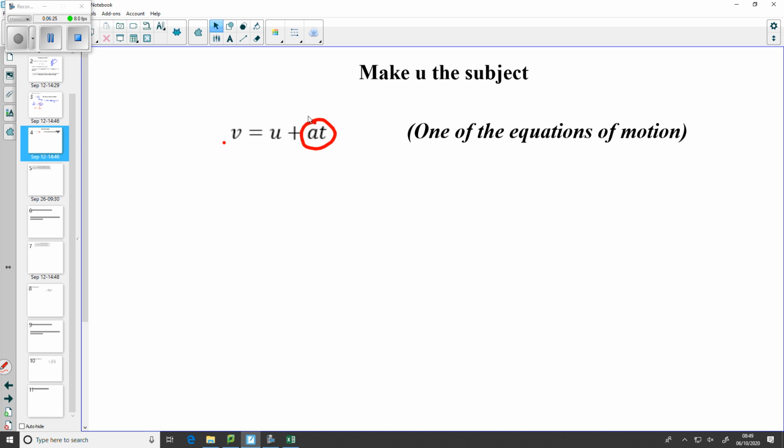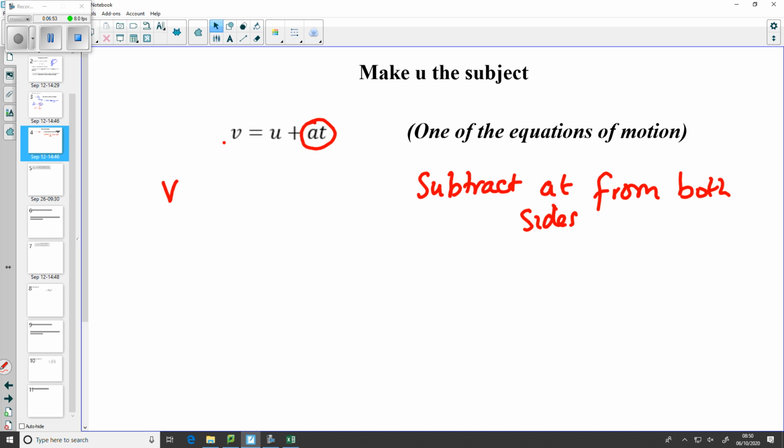How is it attached to the u? What do we need to do? Yeah, subtract at from both sides. So writing that out in full, we have v minus at is equal to u plus at minus at.